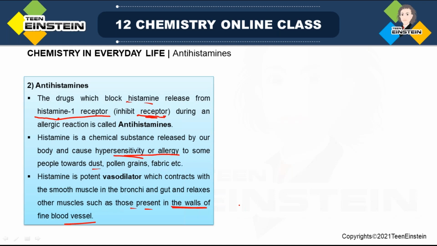There it is controlling the HCl secretion in the stomach, but now we are talking about allergic reaction and its role as a vasodilator, which is related to histamine 1. If we are thinking about the role in HCl secretion in the stomach, then it will be the histamine 2 receptor, not 1. That is a different receptor.